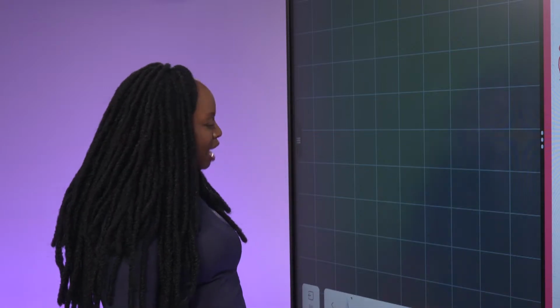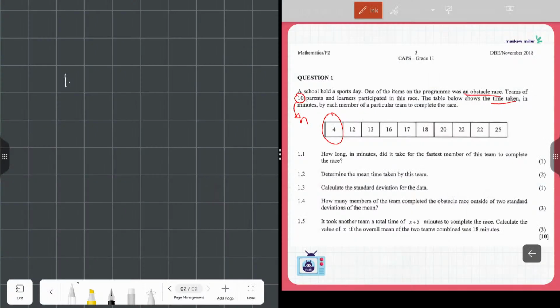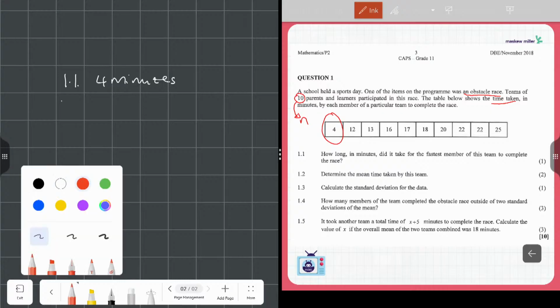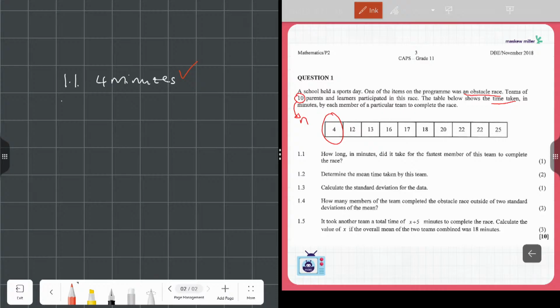Those who run would know. So that means we have 4, right? The faster one only ran in 4 minutes. That's what you're going to write, and then they give you your mark. That's 1 mark, literally just for saying 4 minutes.